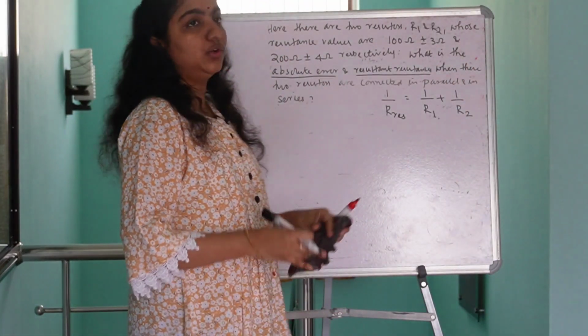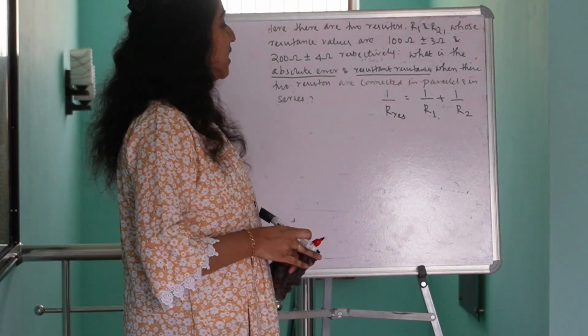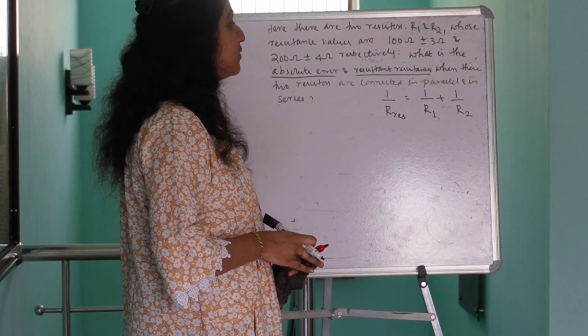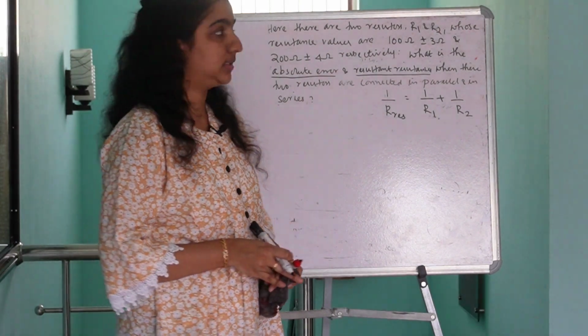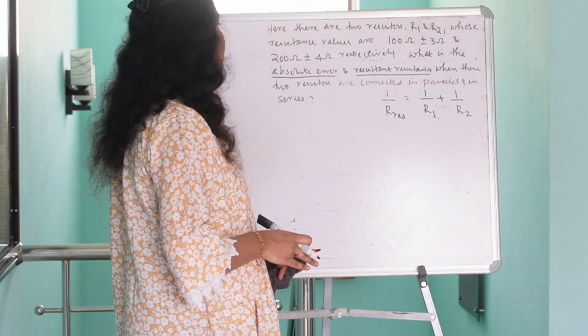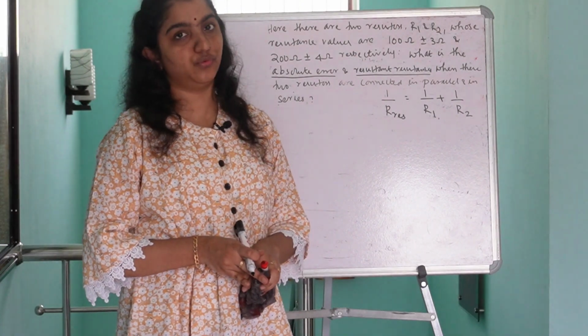Here we know R1 is equal to 100 ohm plus or minus 3 ohm, and R2 is equal to 200 ohm plus or minus 4 ohm.